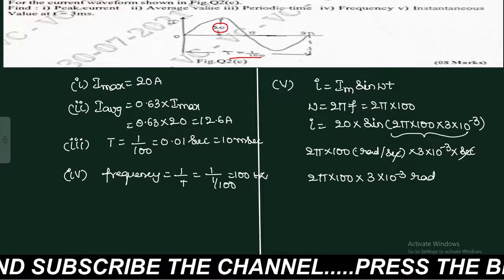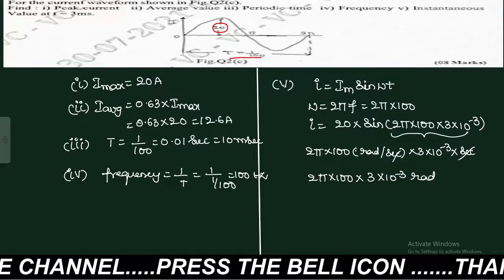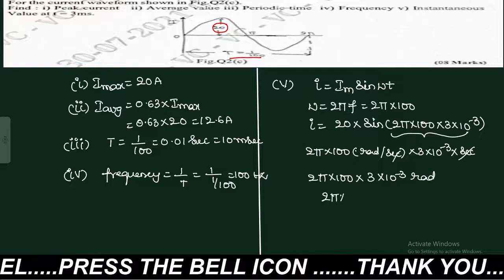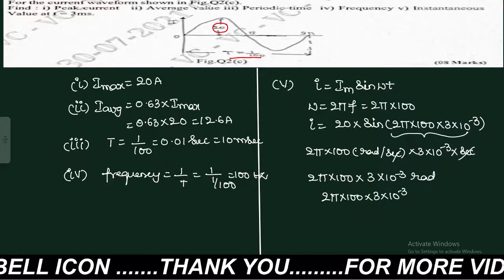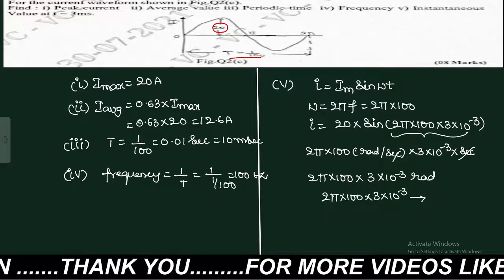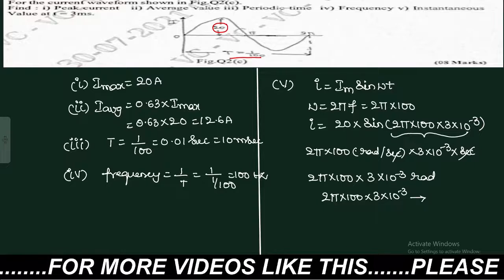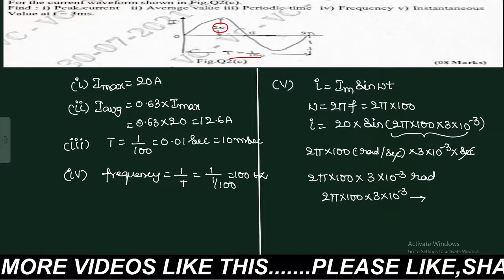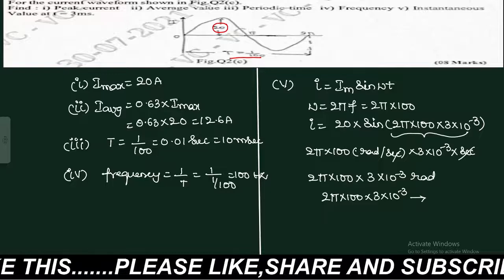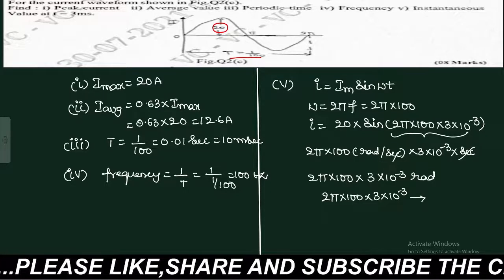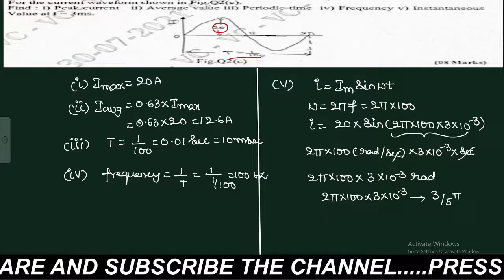So 2 pi into 100 into 3 into 10 to the power of minus 3, if you do this, the answer will be 3 by 5 into pi.